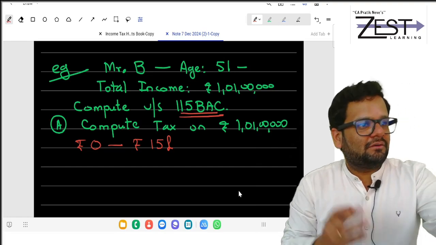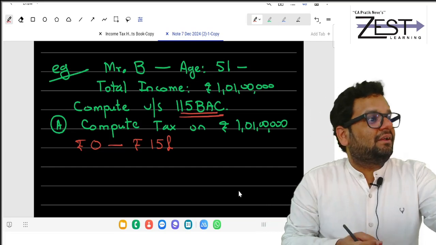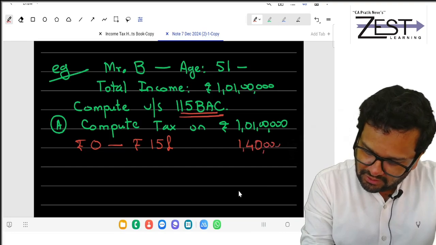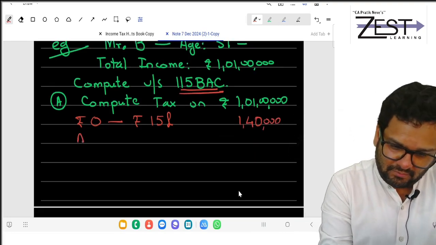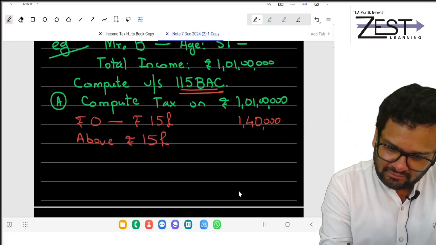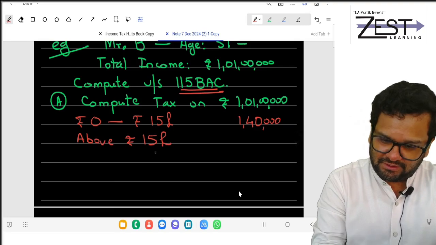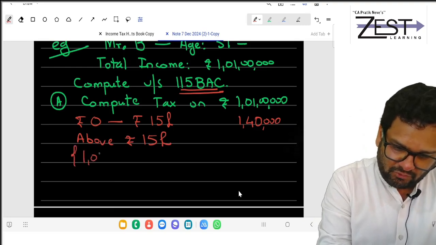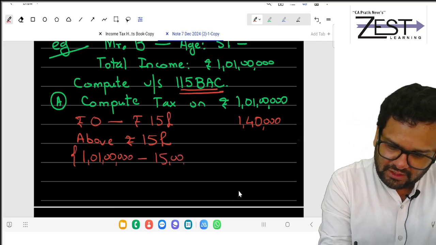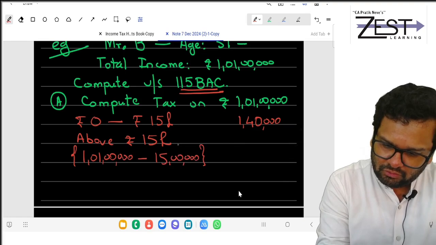Jump means what? You know that till 15 lakhs is going to be 1 lakh 40,000. Above 15 lakhs, so that when you learn to jump, you don't do time pass. So 1 crore 1 lakh minus 15 lakh into 30%.